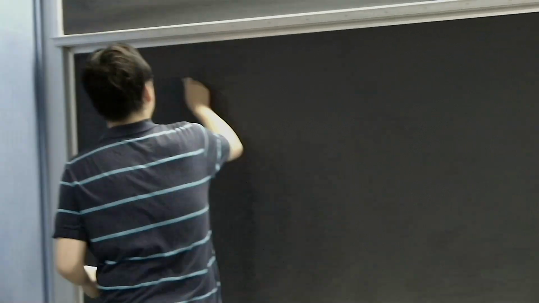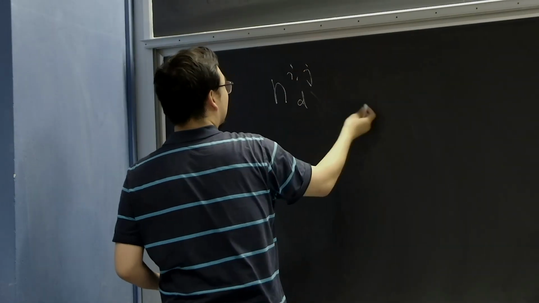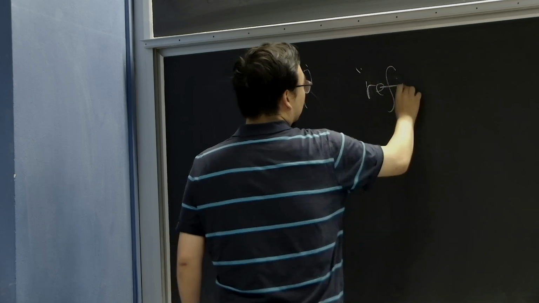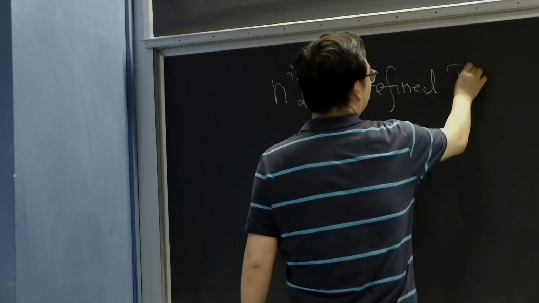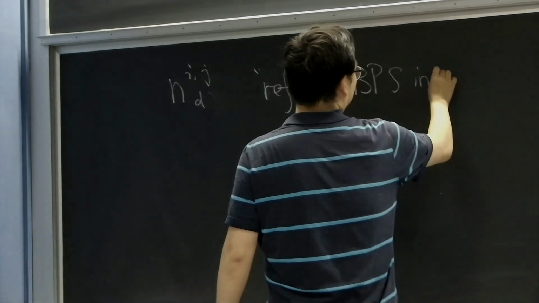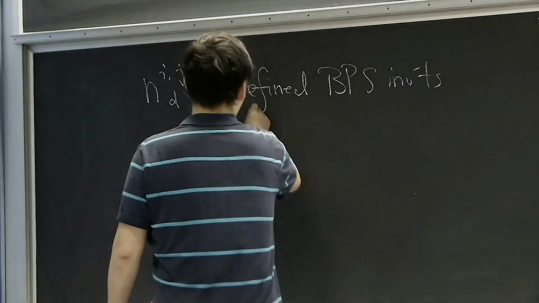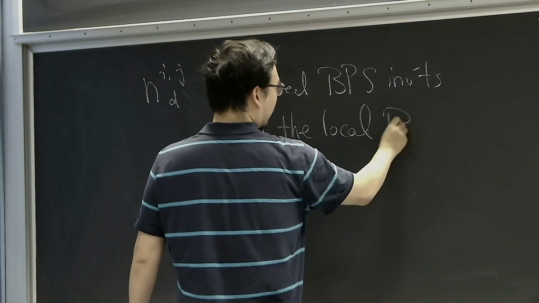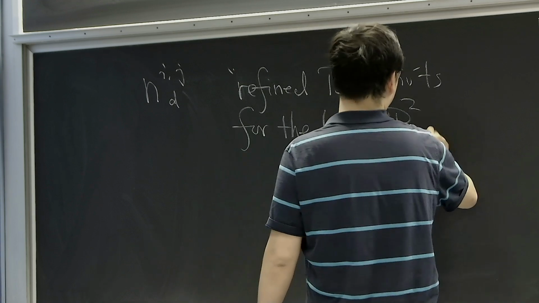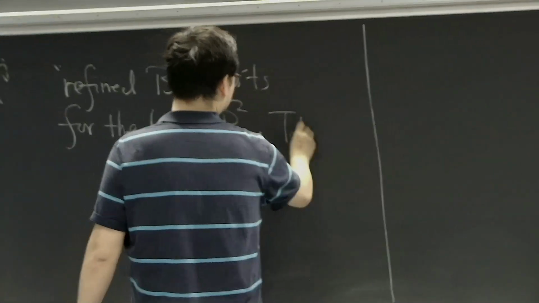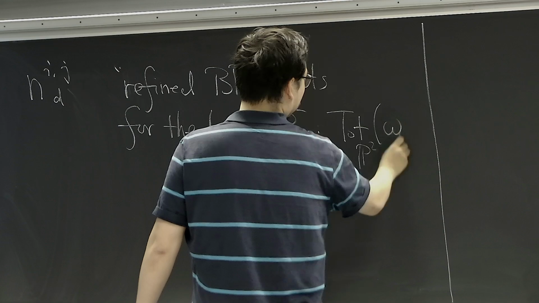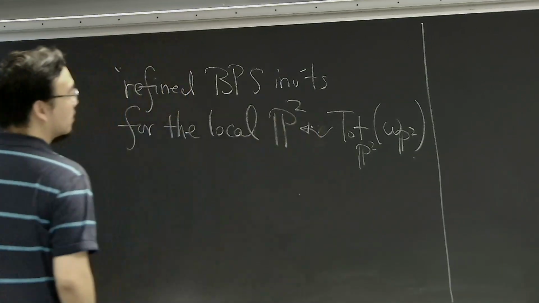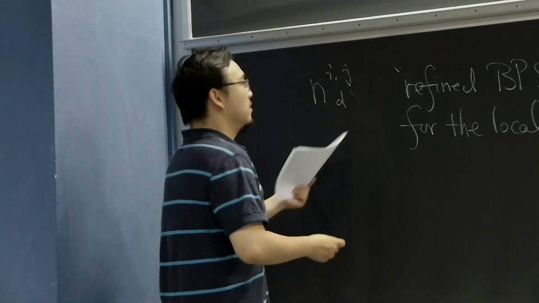These n_{i,j} are the so-called refined BPS invariants for local P2, which is the total space of the canonical bundle of P2, O(-3). Okay, so this is the definition.